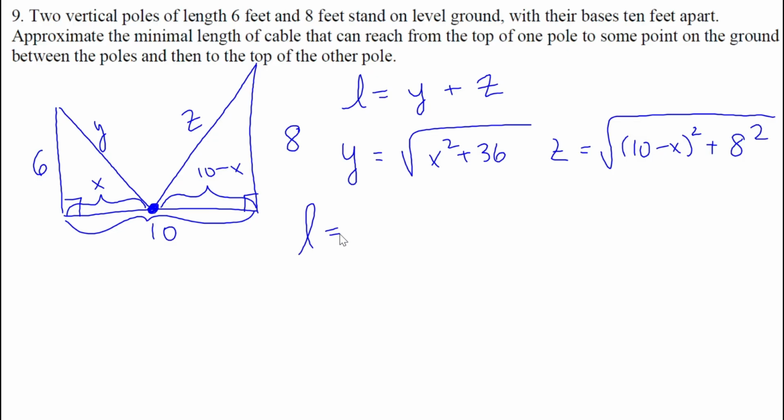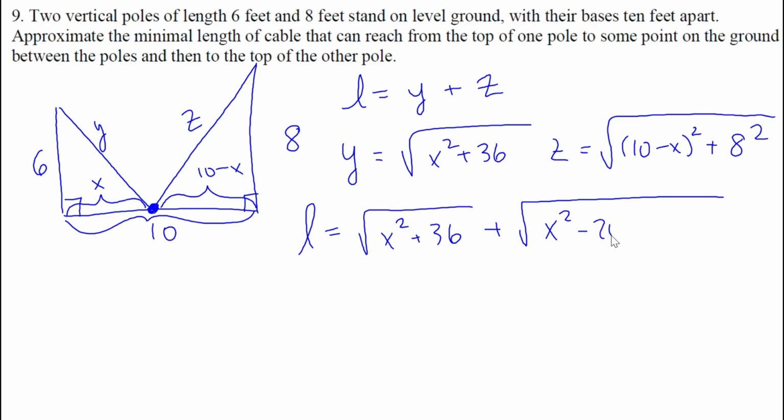So our length is going to be the square root of X squared plus 36 plus the square root of, what do we end up with inside of there? It looks like that's going to be positive X squared, a minus 20X, and then a plus 100, plus another 64. So X squared minus 20X plus 164.